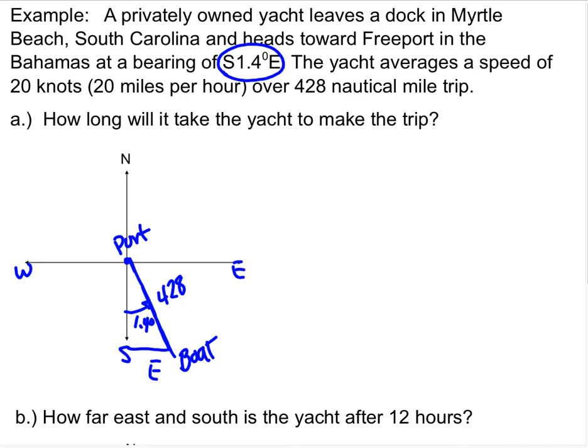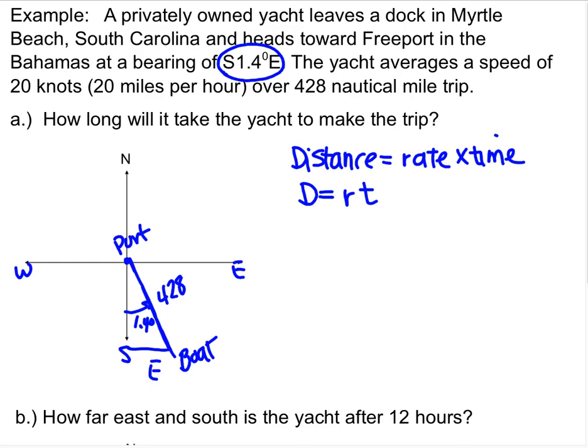So think about the equation: distance equals the rate times the time. We're trying to find out the time, so we have to solve this equation. I'm going to shorten this to distance equals rate times time. I'm going to undo that rate, so I'm going to divide by r, and now we have solved for t.